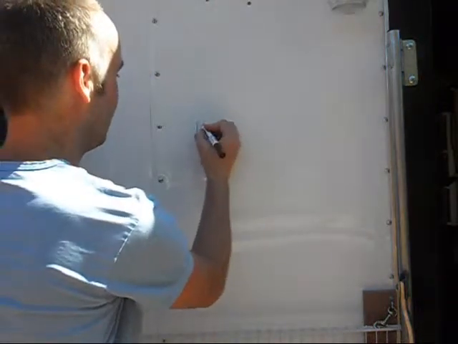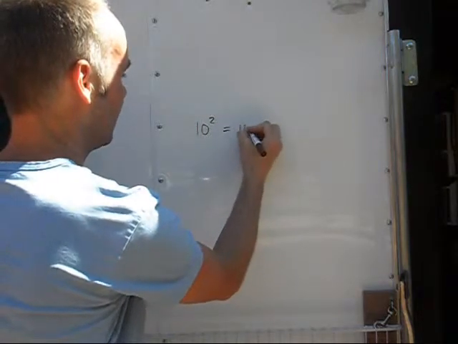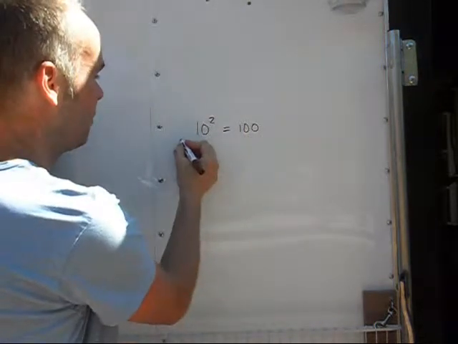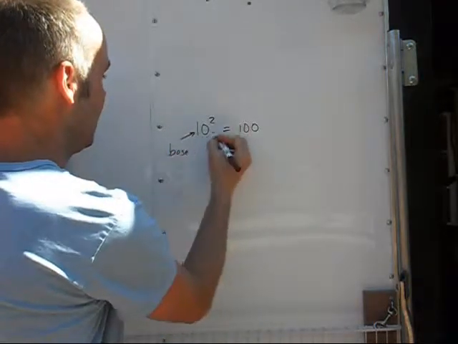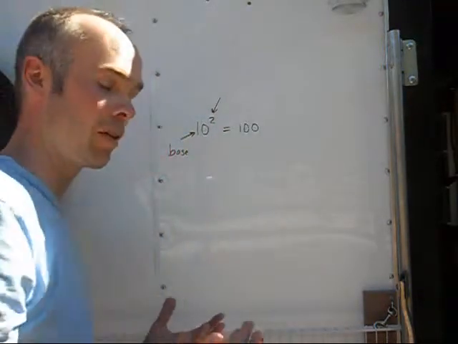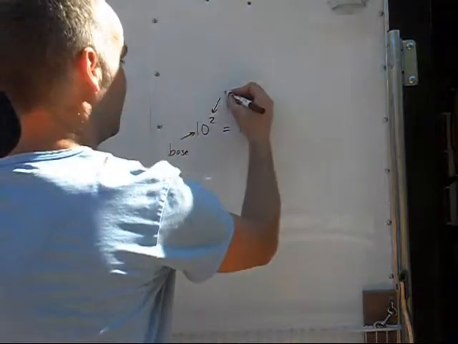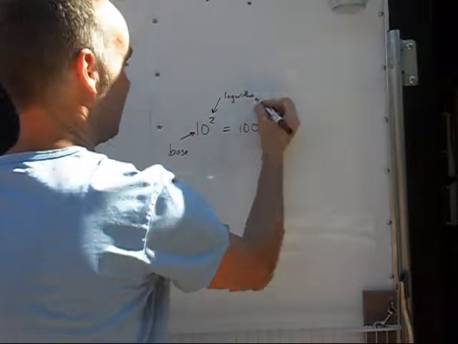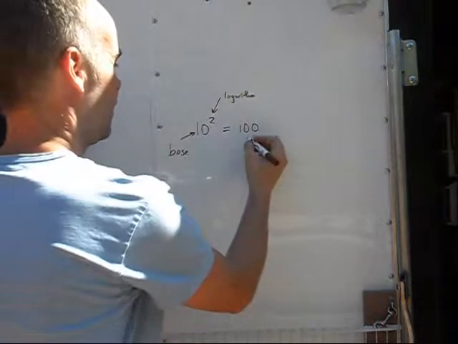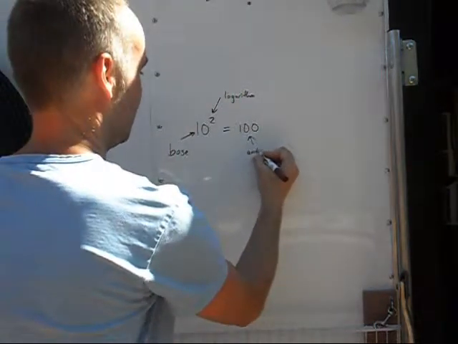If we have 10 squared is equal to 100, the 10 is considered the base, and the power, the exponent, is actually the logarithm. And there's a name for the result, and that is the anti-logarithm.